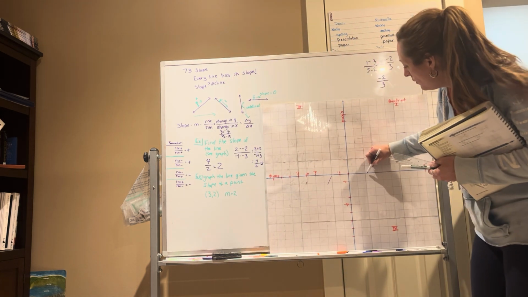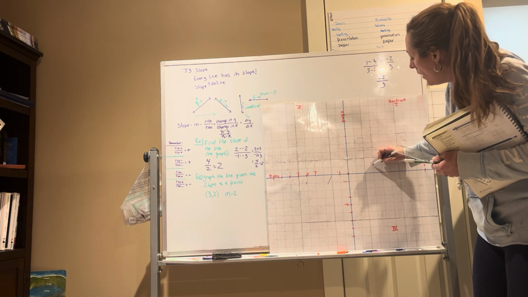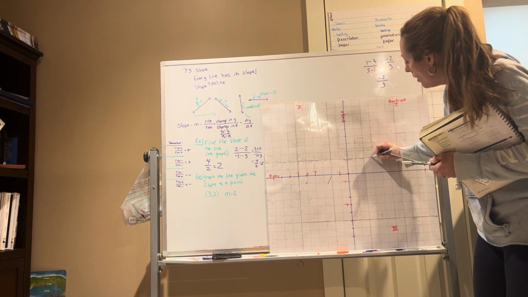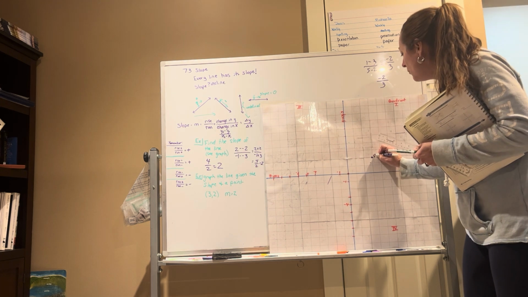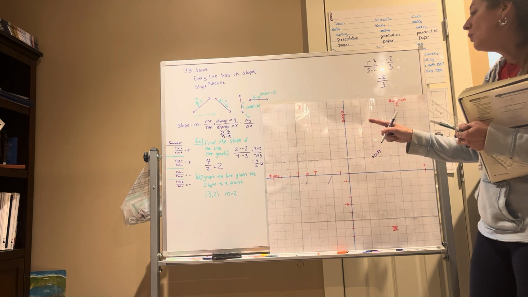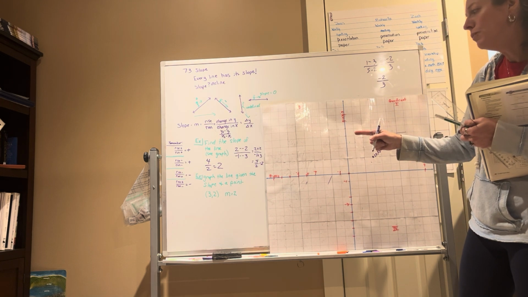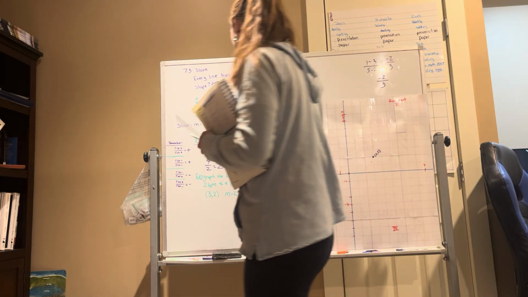So I'm going to go 1, 2, 3 on my x-axis, and then up 1, 2 on my y-axis, and I get this point 3, 2. And then I'm told that my slope is 2. And what do I do with that? I need an x and a y.